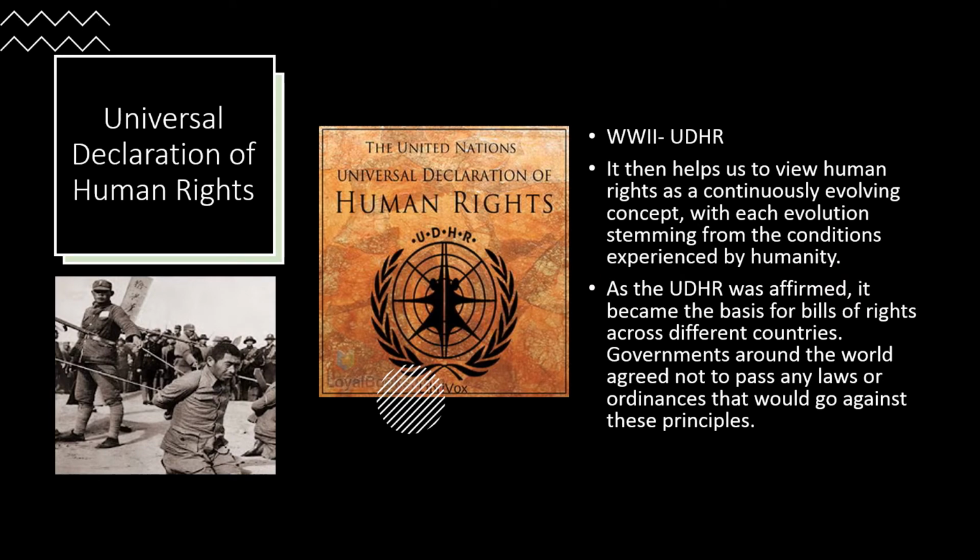Now let us look at a document that goes through the core of human rights, at least internationally speaking. We have the Universal Declaration of Human Rights. You have to understand also that when we talk about rights, they are born out of our experiences, out of human experiences.